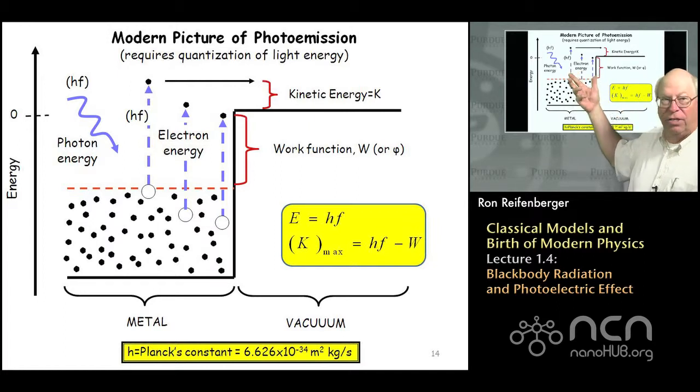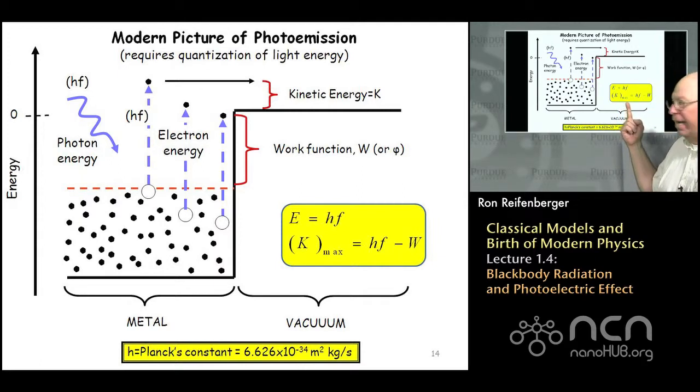It doesn't matter how much intensity or how many photons per second you pump into the metal, if the photon energy is small enough, irrespective of the intensity of the light, you'll never get electrons to be ejected. You can also start to predict the maximum kinetic energy of the electron. It's just going to be equal to the photon energy hf minus this work function W. So you can start to understand the kinetic energies of these electrons in terms of the work function properties of your metal target.